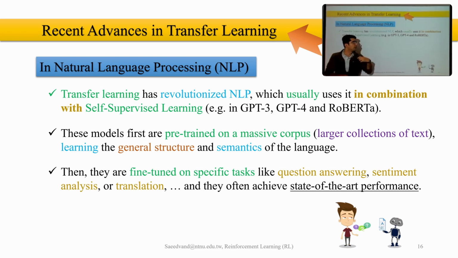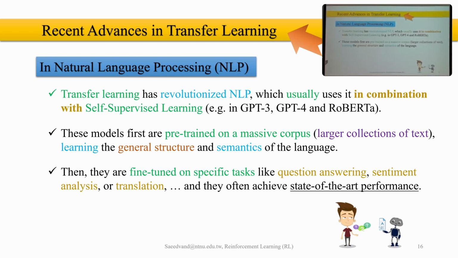For example, GPT-3, GPT-4, and RoBERTa, which is the version of BERT that I mentioned to you, an advanced version of BERT from Facebook for text segmentation and interpretation tasks, are commonly used.